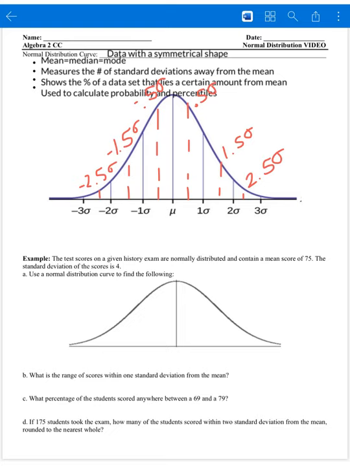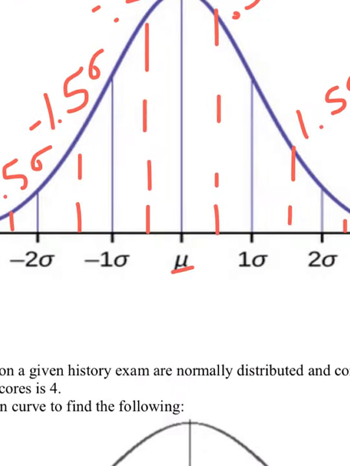Okay, so if you are between the mean, which is right here, and positive 0.5 standard deviations, you are with another 19.1% of the population.